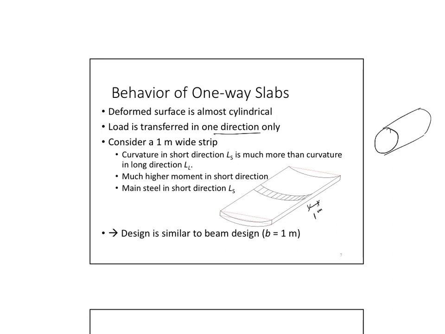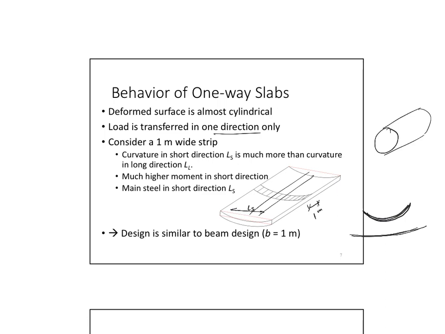The curvature in the short direction, considering this is L short, is much more than the curvature in the long direction. So that means it curves more in the short direction than in the long direction. If I take a strip in that direction, I will barely see any curvature. Why?